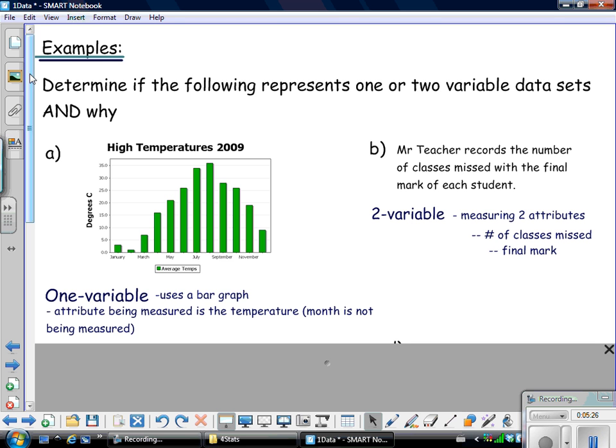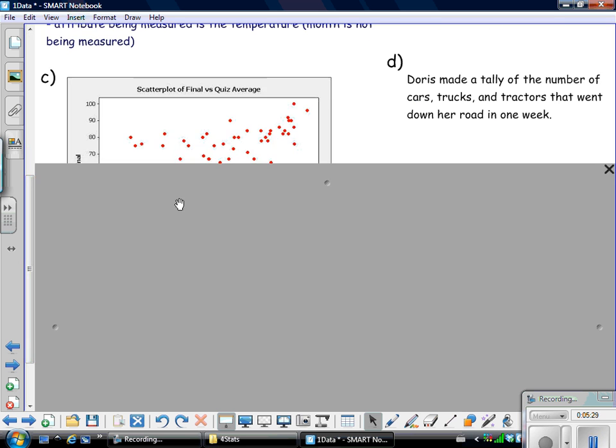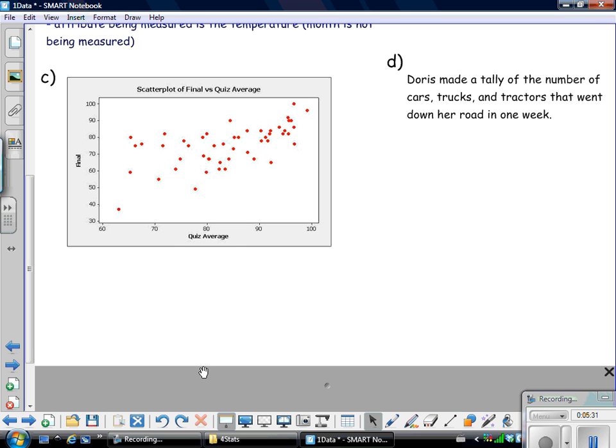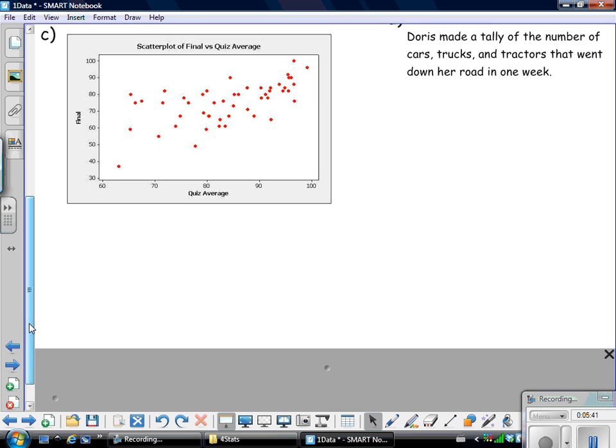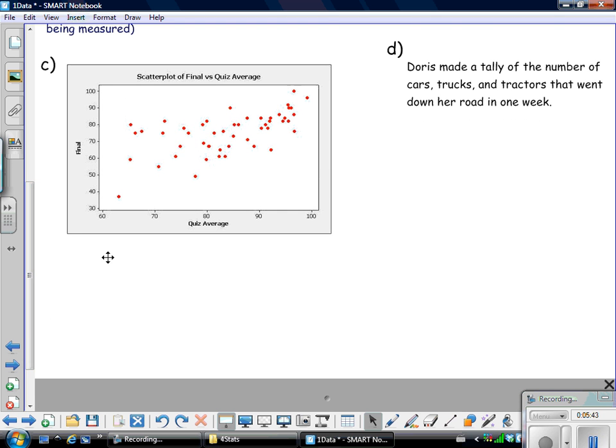Let's look at the next example. The next example has a scatter plot of quiz average versus final. Well, I can see it's a scatter plot, and if you remember from the previous page, that would indicate to me, first of all, that it's two variable data. Why is it two variable data?